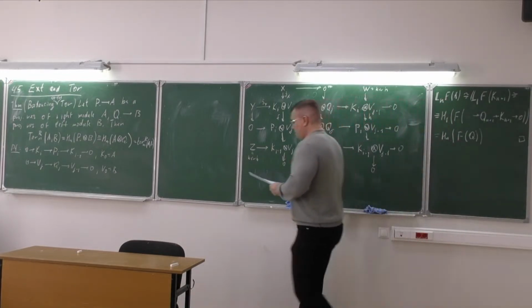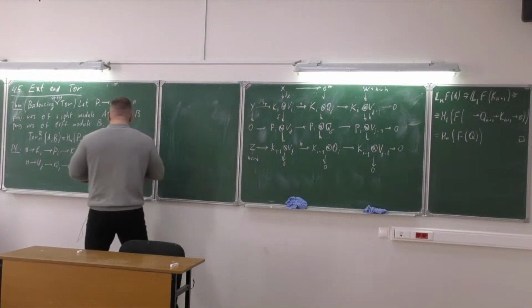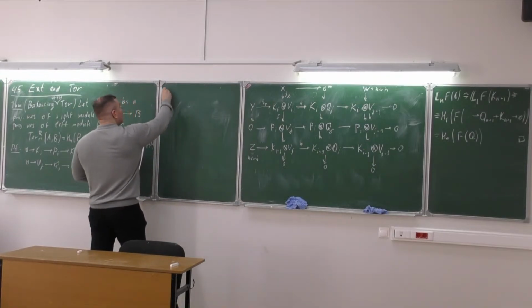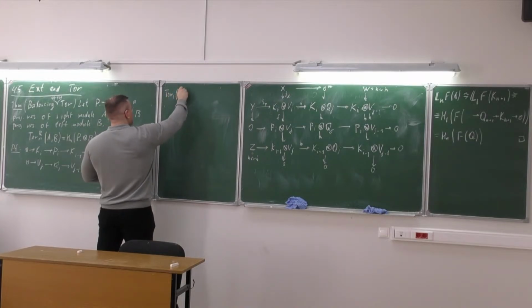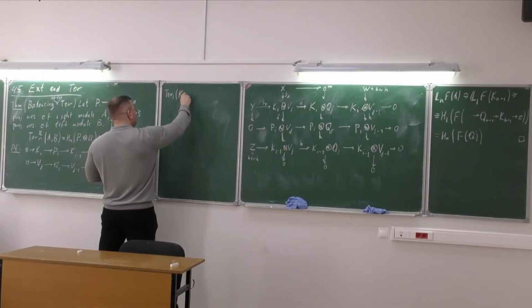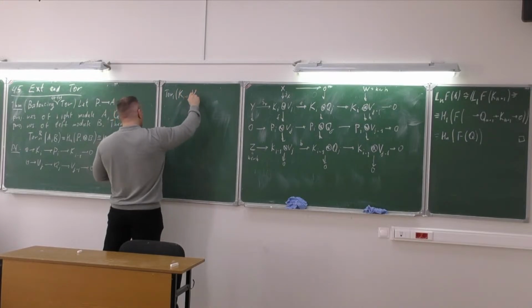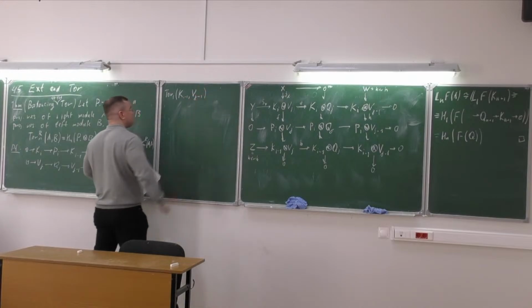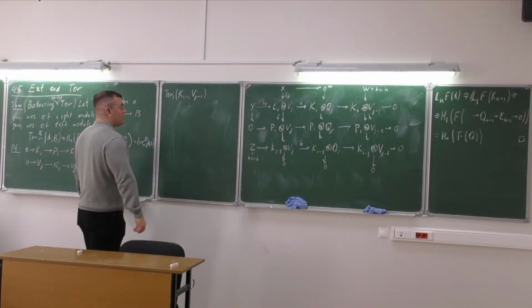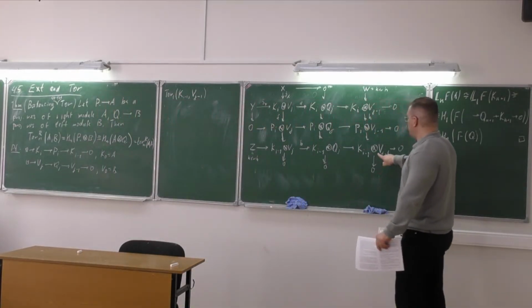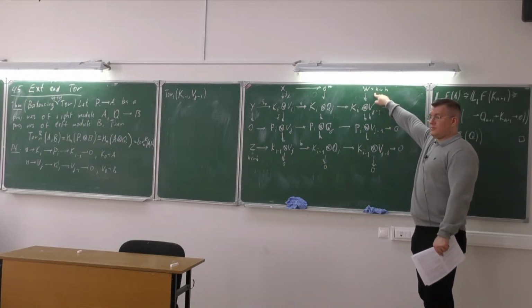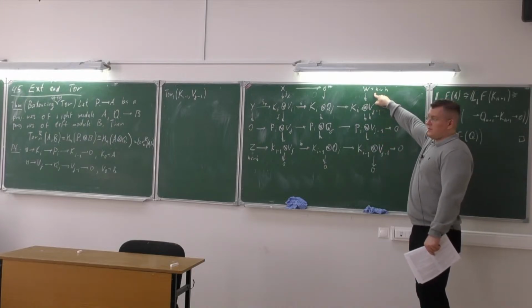And now some computations. Well, I have Tor_1 between the object k with index i minus 1 and the object V with index j minus 1. So first of all, we can notice that we can find this Tor_1 on the diagram, and this Tor_1 is precisely W. Why is that?